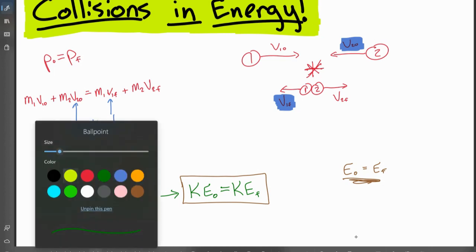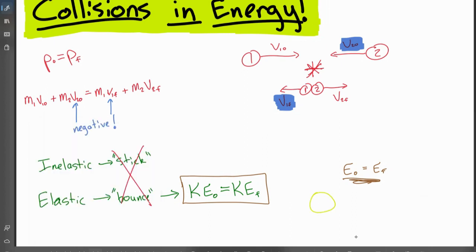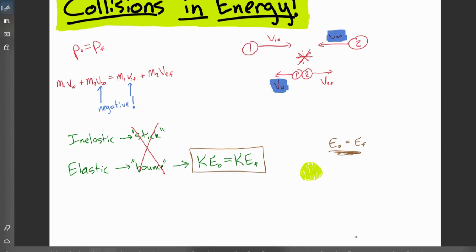If I were to take a tennis ball, a very tennis ball-like color, and throw the tennis ball at the ground, what happens? Well, we hear some sort of noise from that collision.